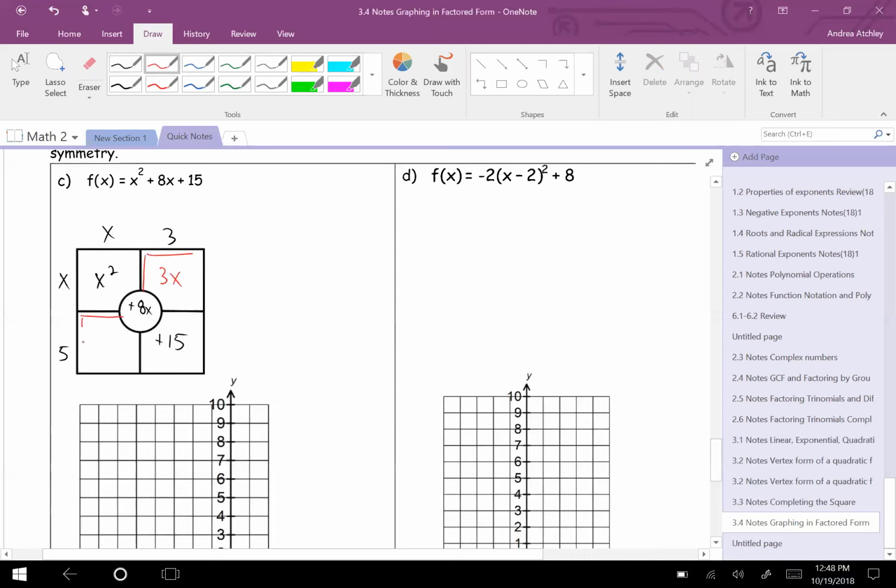And x times 5 is 5x. If I add them, do I get 8? Yes. And everything's positive, so these are both positive. So now that I've rewritten it in factored form, it's going to be x plus 5 times x plus 3.